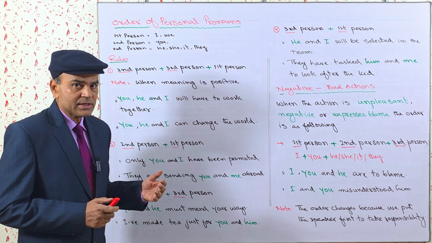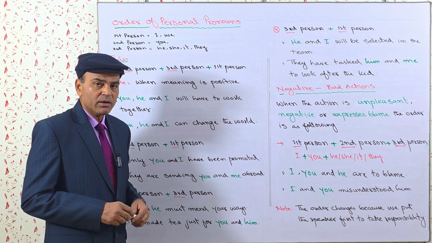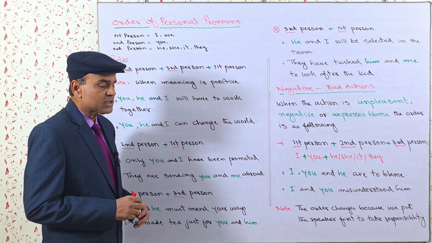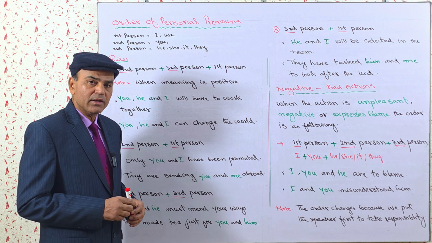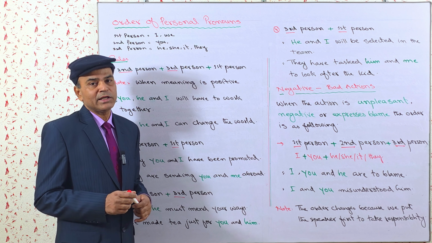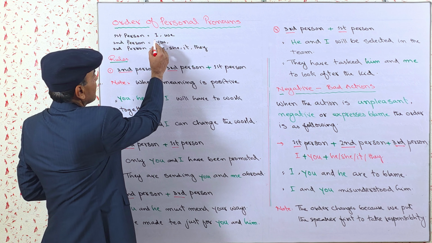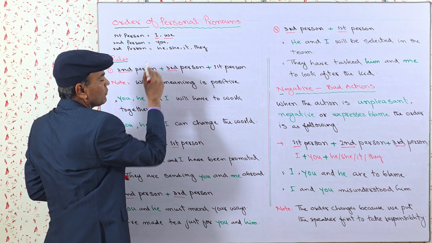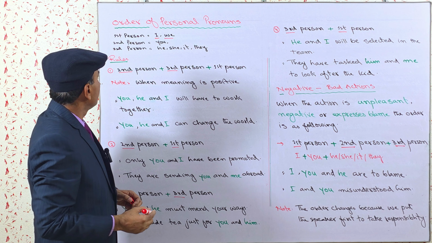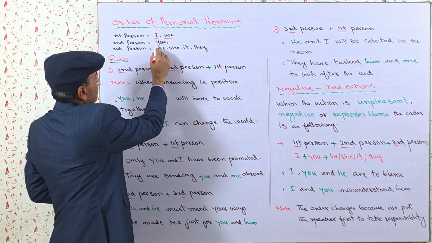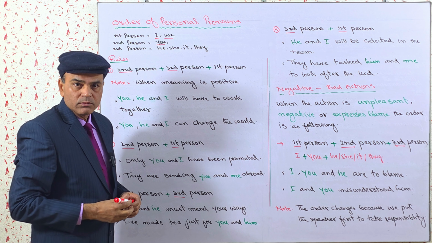So first of all, let us refresh our memory with the personal pronouns and their division into first, second, and third person. The first person pronouns are I and we. Second person pronoun, we have only one, that is you.